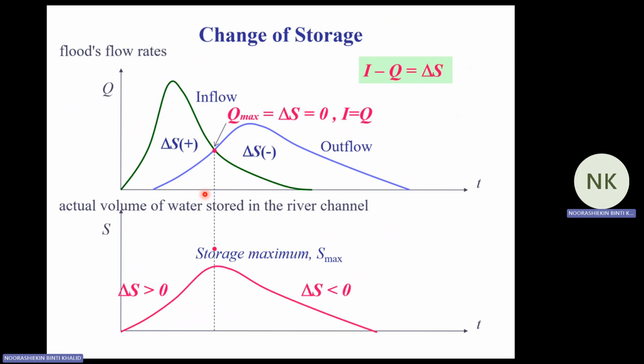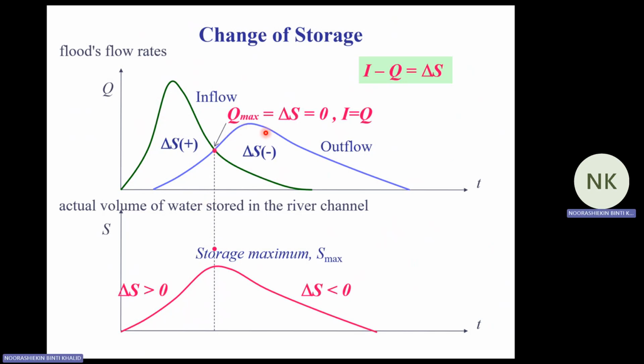Time by time, after a while, the inflow slows down. This blue line is the outflow. The intersection between inflow and outflow we call Qmax. The graph of storage should be greatest at the intersection line. So the change of storage should be positive, that is, greater than 0.